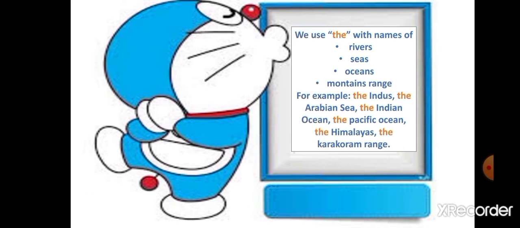For example, Mount Everest is only a single mountain, so we will not put the before it. However, the Himalayas or the Karakoram are ranges, so we put the before them. So this is the first rule.